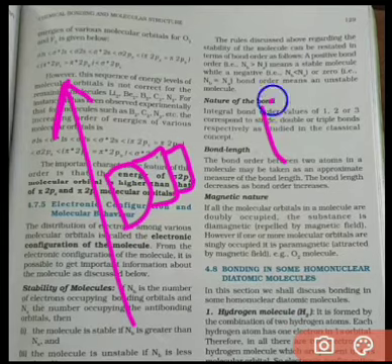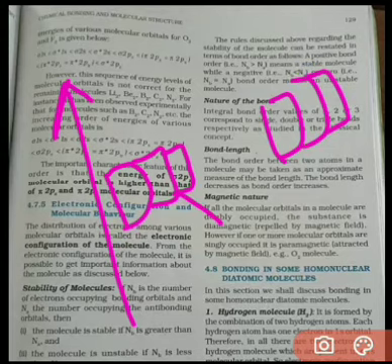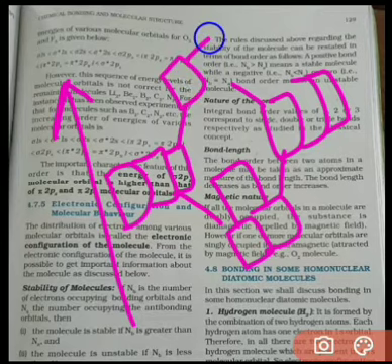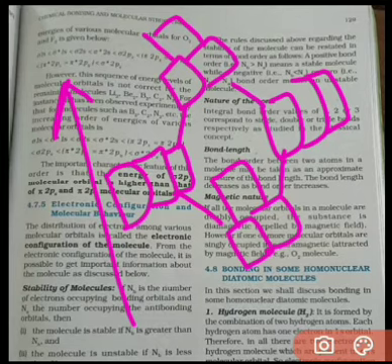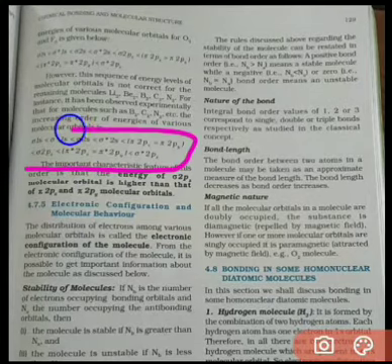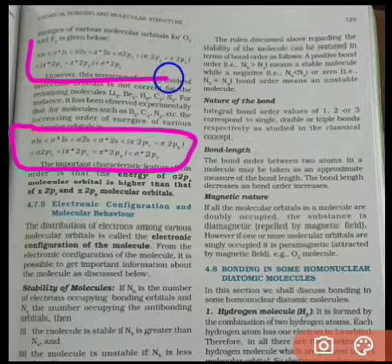Suppose this is for the combination of p atomic orbitals. Here pi 2px and pi 2py have lower energy, then comes sigma 2pz. Similarly, for the antibonding molecular orbitals, pi star 2px and pi star 2py will have lower energy and sigma star 2pz will have higher energy. So this structure will be for all elements except oxygen and fluorine. You have to understand this electronic configuration of all elements, and the other electronic configuration belongs to oxygen and fluorine.